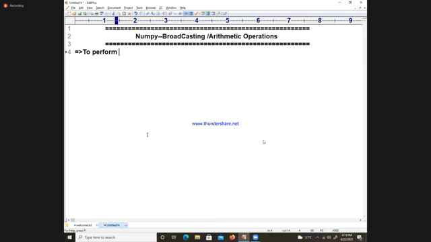To perform arithmetic operations on numpy arrays, we use the following functions. Operators also you can use, no issue at all. Okay. What are those functions?